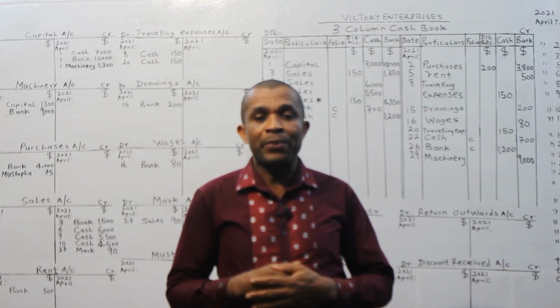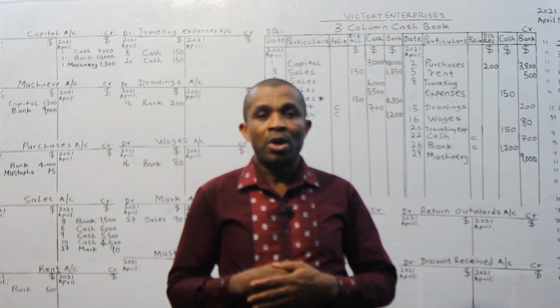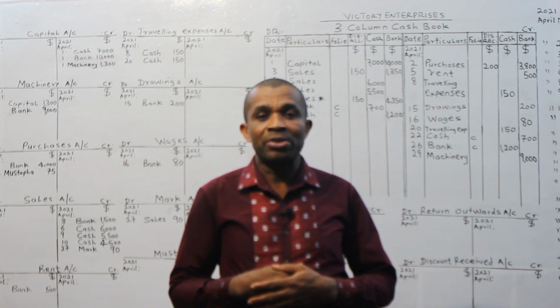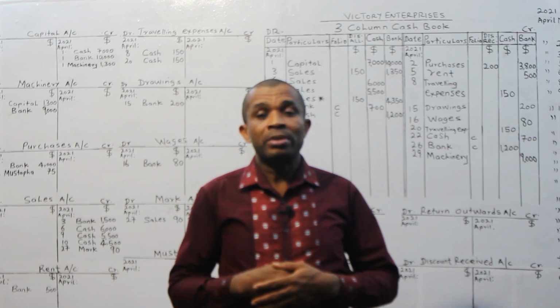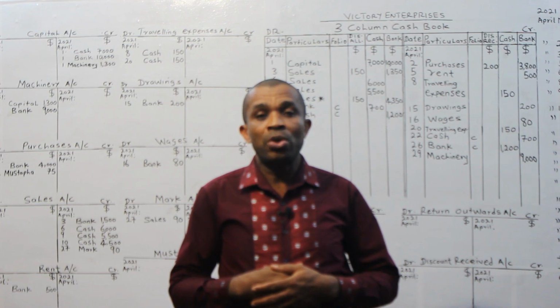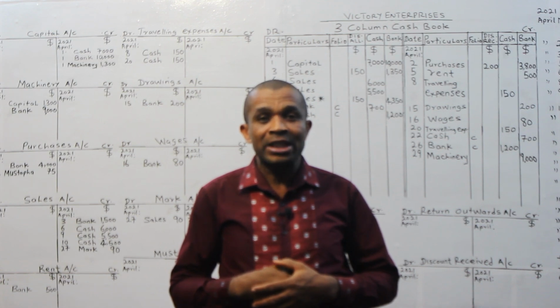On 30th April, Mark paid his account with cash, $70. Remember that we said that when goods are sold on credit, the cash book or the cashier is not involved because no cash or check was used.